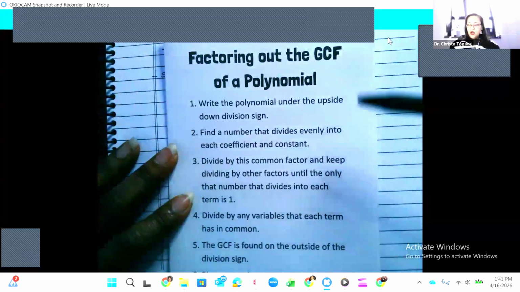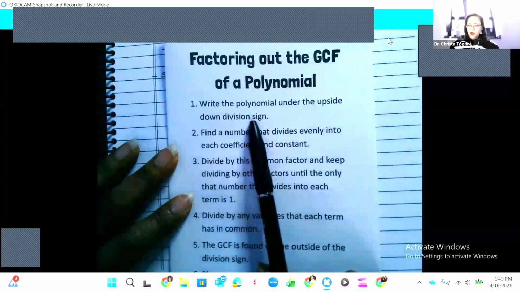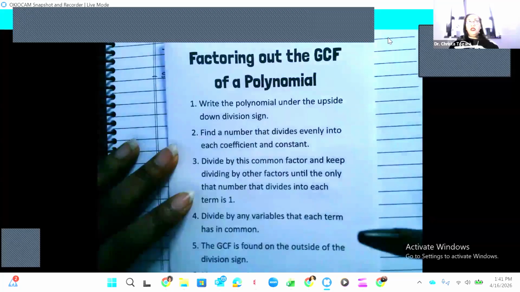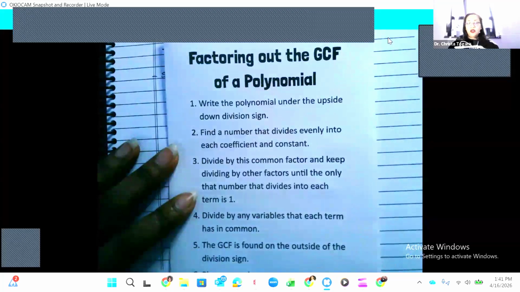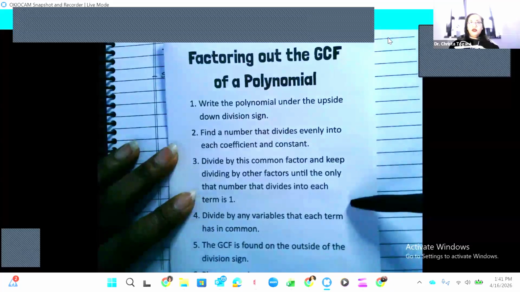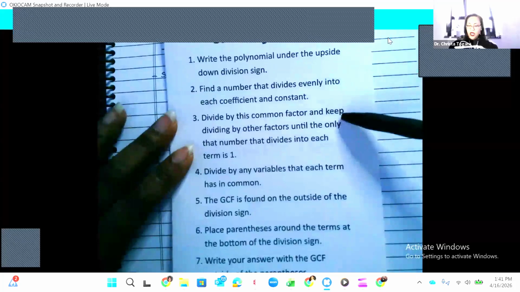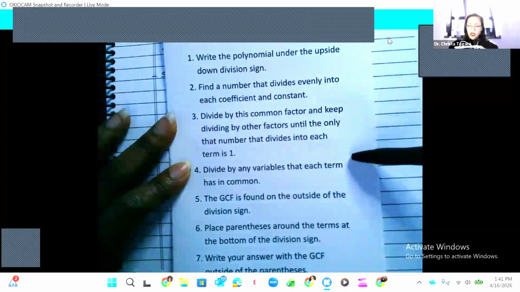Okay. So, when you have your polynomials, you're going to write them in a way that you can make sense to yourself. So you don't have to do them my way. You don't have to do them exactly this way. But as you do more and more, you start to develop your own method of how you can do it. So sometimes I do some things in my brain and some things I need written down. Okay. So you divide by common factors, and then you make sure that you can't divide anymore.